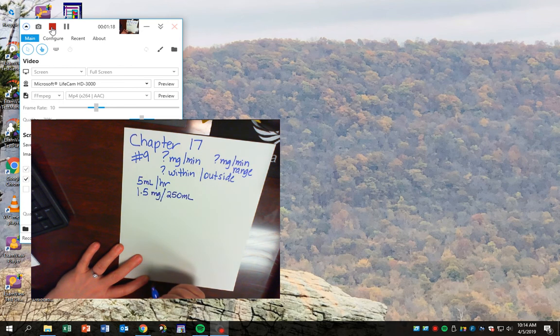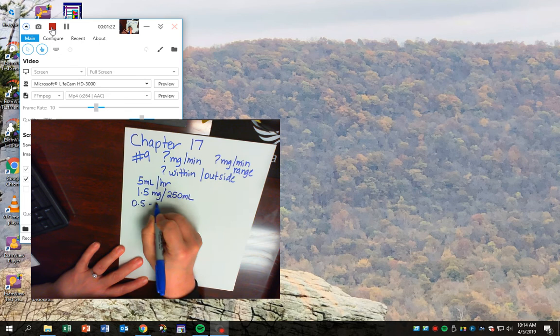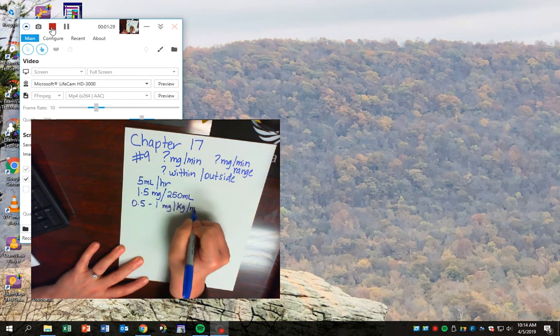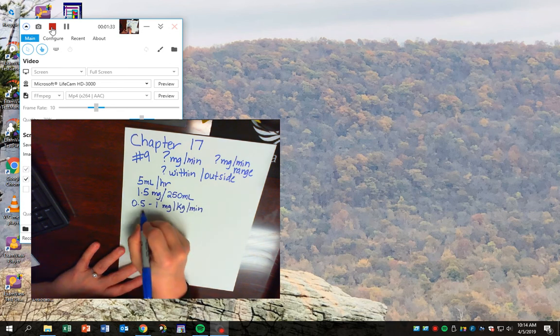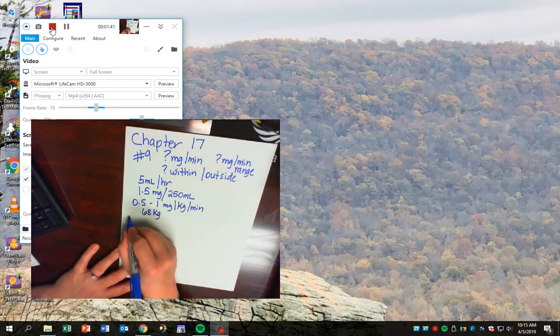The prescribed dosage range, we'll say, is 0.5 to 1 milligram per kilogram per minute. And the patient weighs, we'll say, 68 kilograms. And again, we want the current dose that is infusing in milligrams per minute.